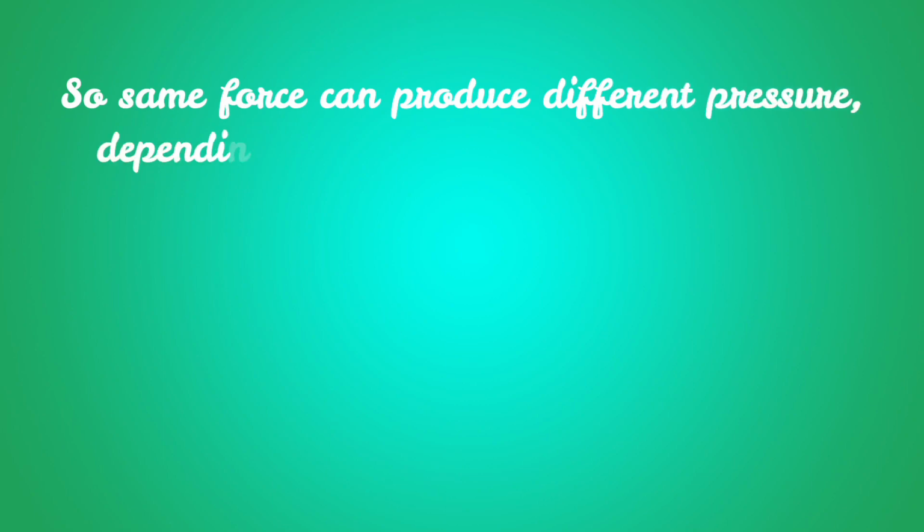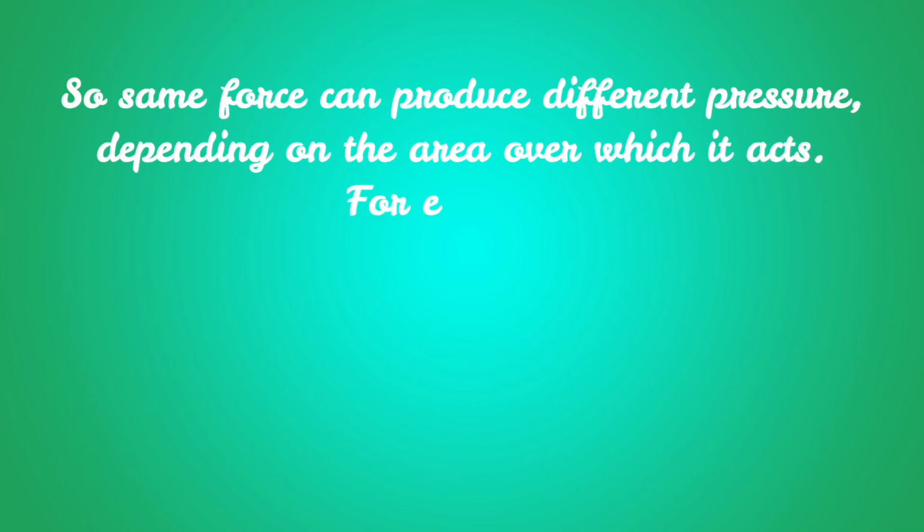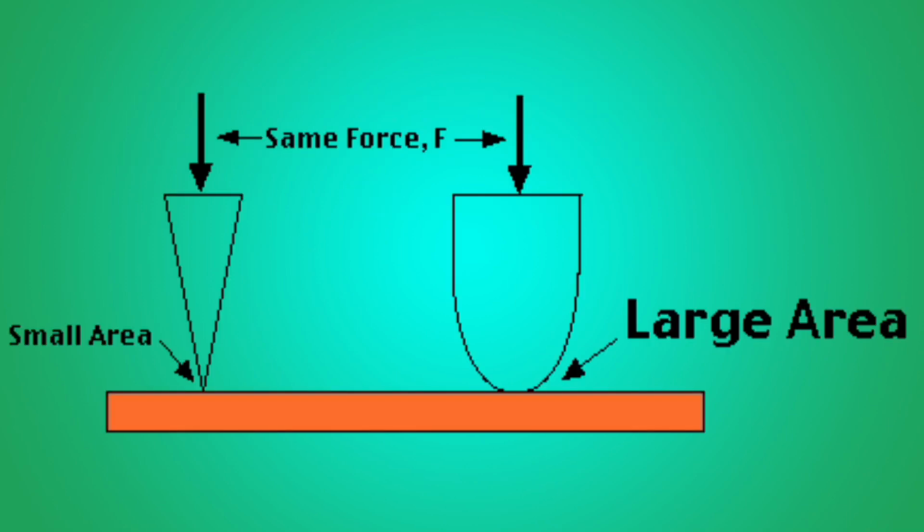So, the same force can produce different pressures depending on the area over which it acts. For example, when a force acts over a large area of an object, it produces a small pressure.